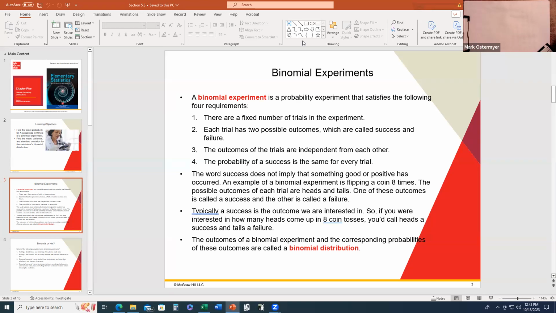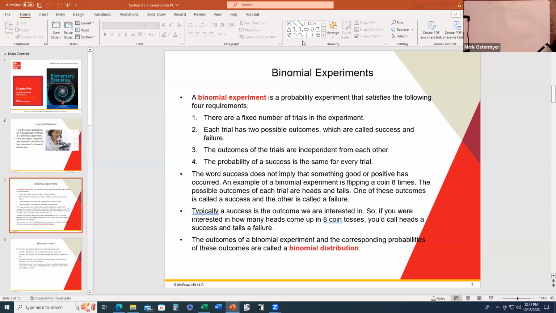Those probabilities cannot change. In other words, if I have a coin, and the probability of tossing a head on the first toss is 70%, and the probability of tossing a head on the second toss of that coin is 50%, that is not considered a valid binomial experiment, because the probability of a success or failure is changing trial to trial.